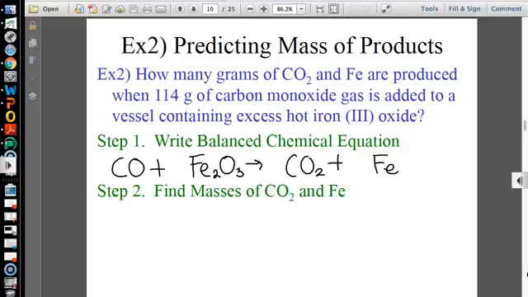I'm going to talk you through balancing this one because it is kind of tricky. You can see how everything starts to really pile up on you at this point in the semester.